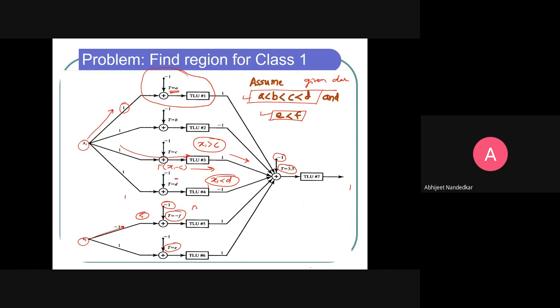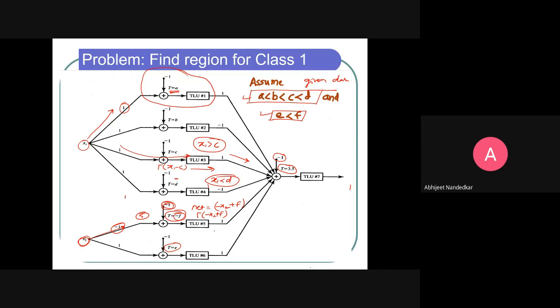So net value here is -x2, x1 getting multiplied with -1, so it will be -x2, and -1 multiplied with -f, so it will be +f. So this is the net coming to this neuron. And what is the implementation? It is the thresholding of this, so -x2 plus f. Okay, -x2 plus f.